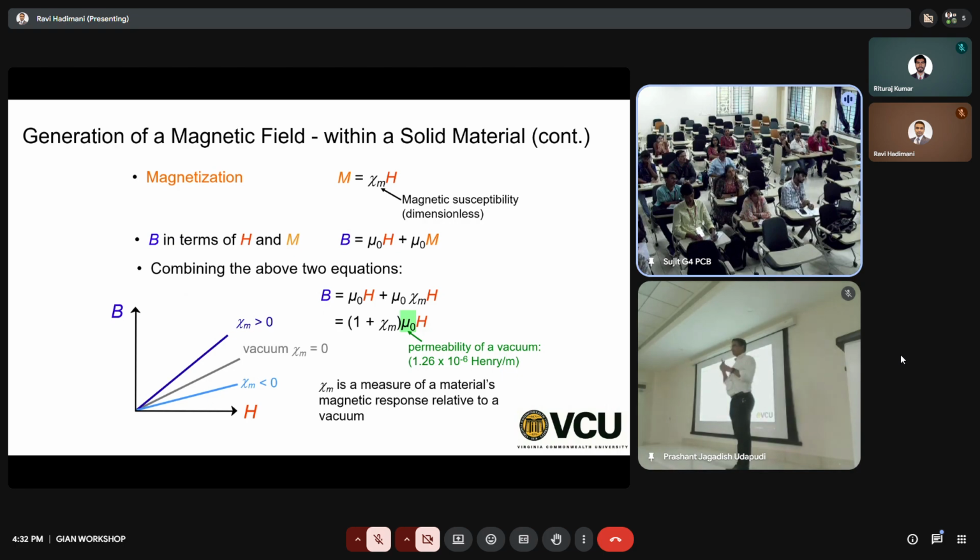So when electrons spin, they're in motion. Electrons don't just stay stagnant. They have two motions: one, they have orbital motion around the nucleus, and electrons also have spins.